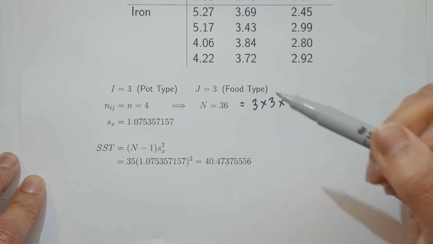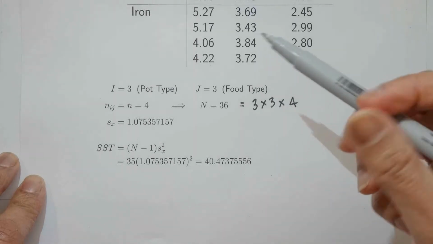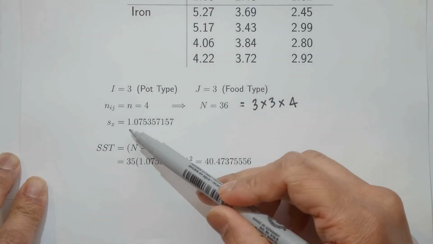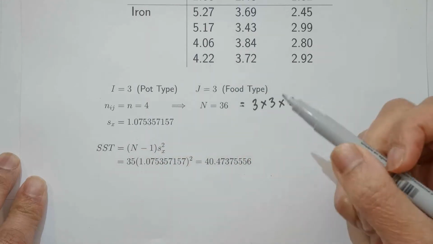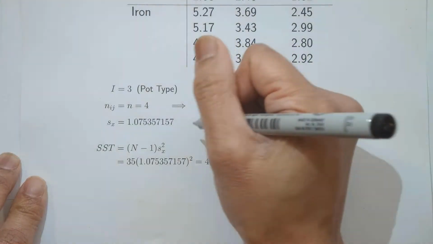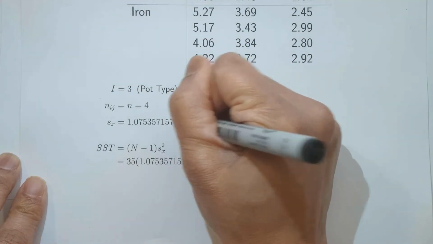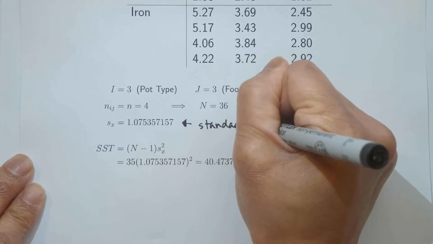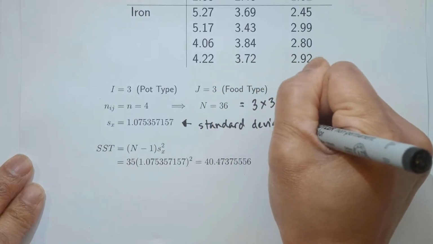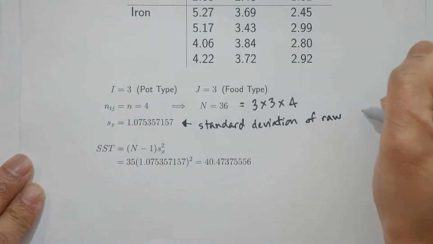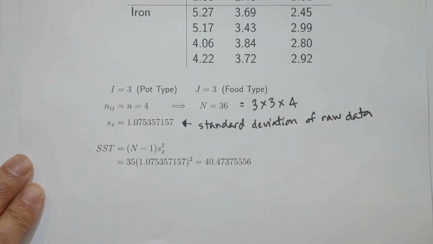And if we take the raw data and calculate the standard deviation, then we would get S sub x being 1.075357, etc. So this is the standard deviation of the raw data.